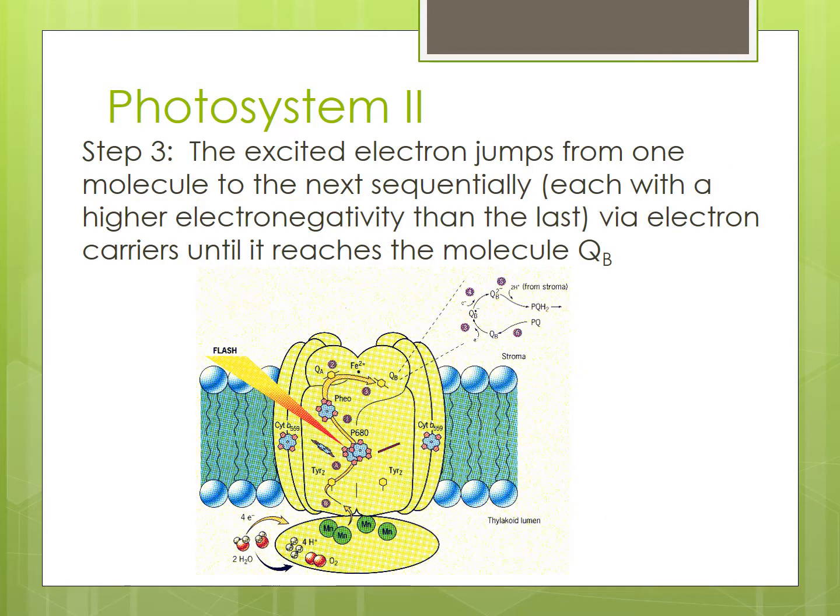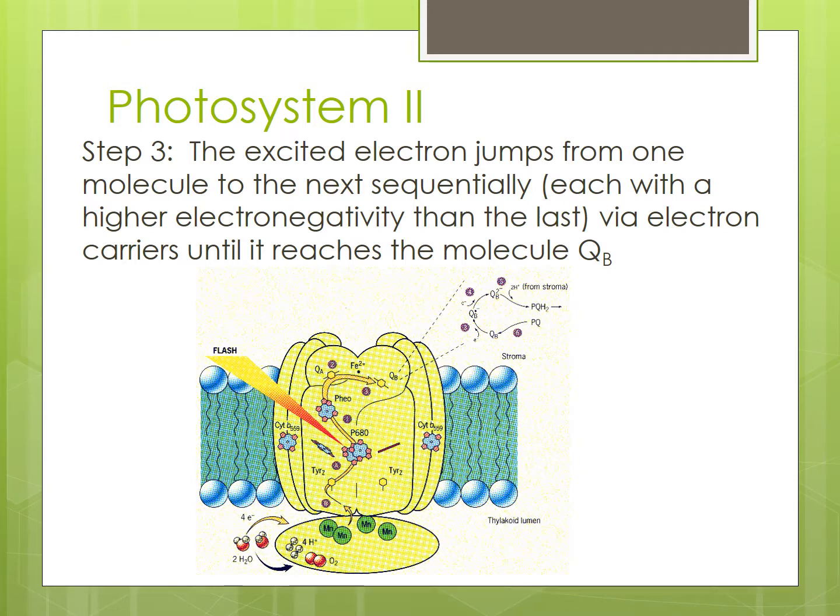From there, that electron's going to jump from one molecule to the next. The first molecule is more electronegative than the pigment. It jumps to that first molecule. It uses up some of its energy to push hydrogen across the barrier. It's going to jump again to the next molecule that's even more electronegative than the first, to a third.